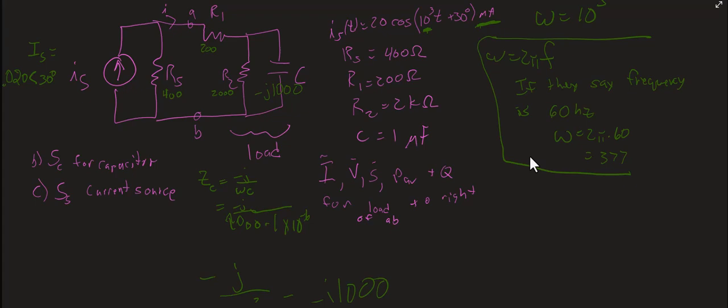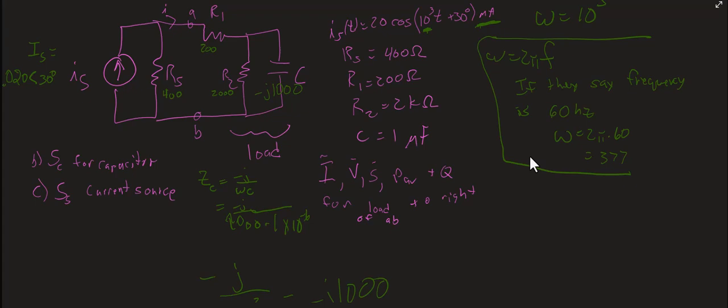Okay, so now I want to think about this the same way that I would have thought about this in circuits 1. I want to figure out the power, because that's what it's asking me.